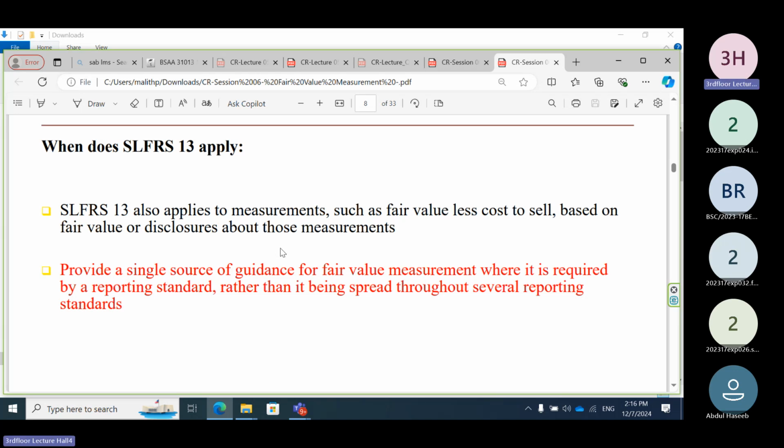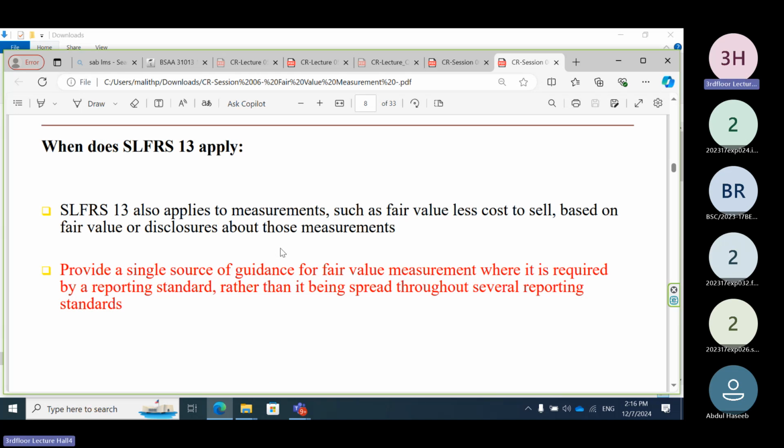Before 2014 we actually had a gray area. How are we going to do that? What are the measurement bases? How are we going to disclose? All those things were a gray area. That's why people made different disclosures, used different methods, and followed different techniques.